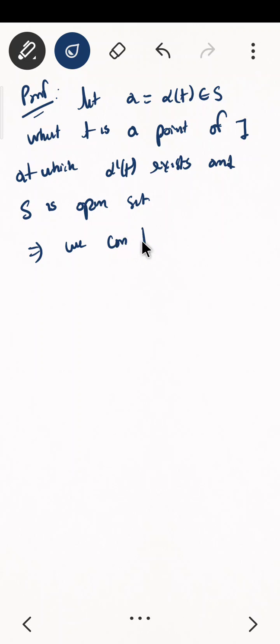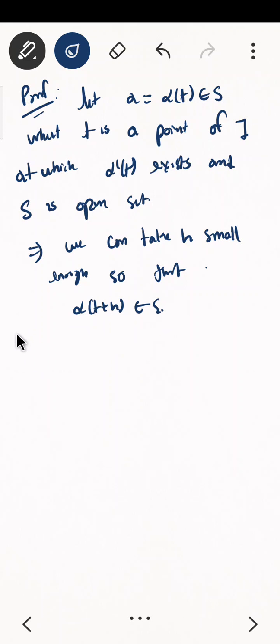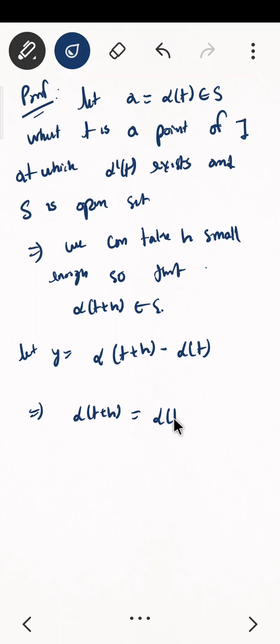We can take h small enough so that alpha of t plus h belongs to S, correct, as we did in the previous proof. And let y equal to alpha of t plus h minus alpha of t. That implies alpha of t plus h is equal to alpha of t plus y, that is a plus y, correct. So as h tends to 0, y tends to 0.